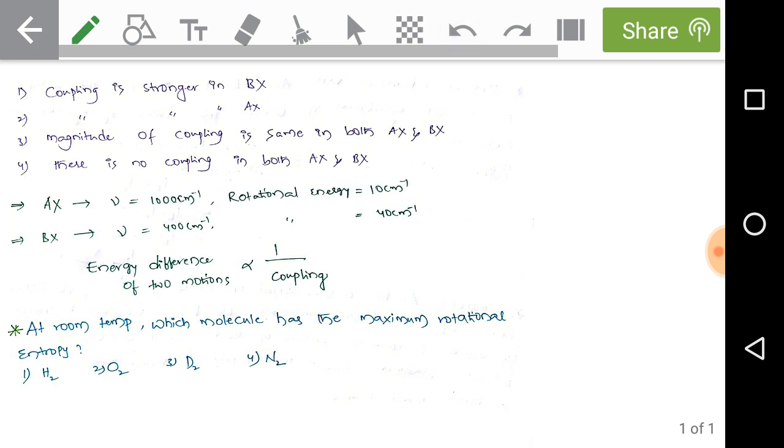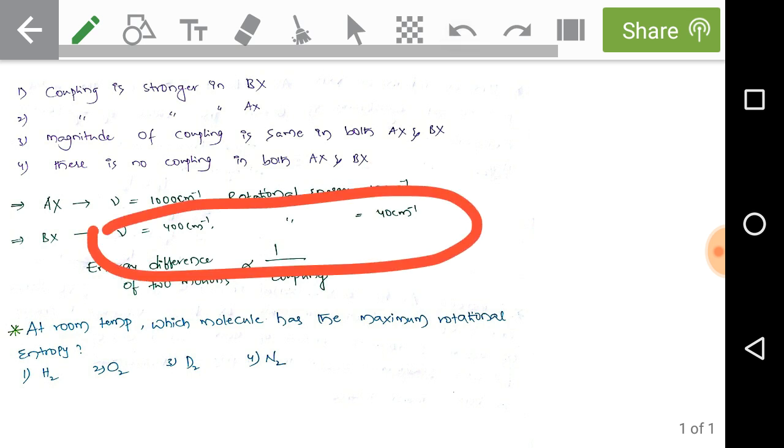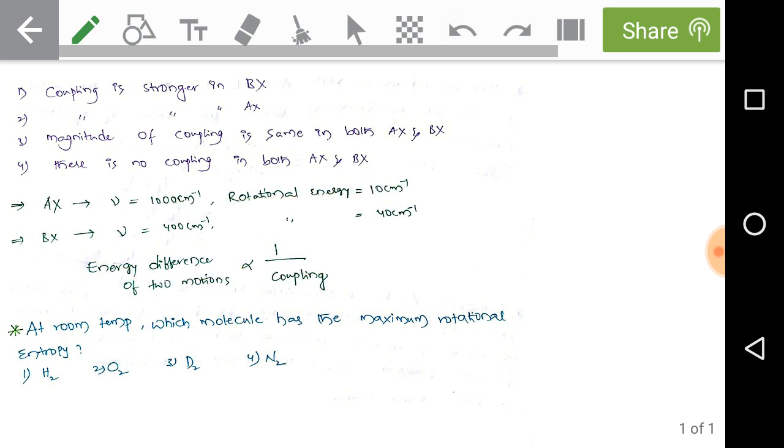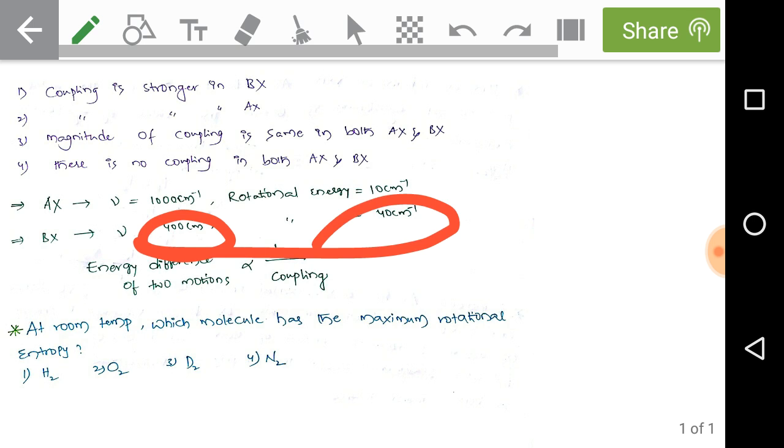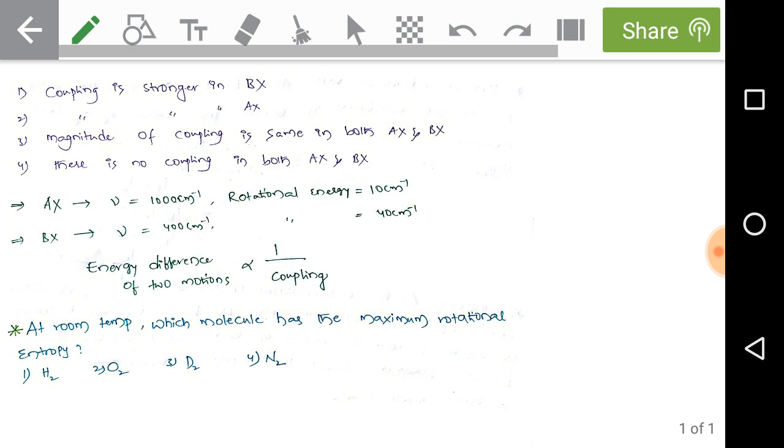Whenever we look at the given data, the vibrational energy of AX is 1000 and rotational energy is 10, and for BX the vibrational energy is 400 and rotational energy is 40. Now just look at the differences of those energies of AX and BX.